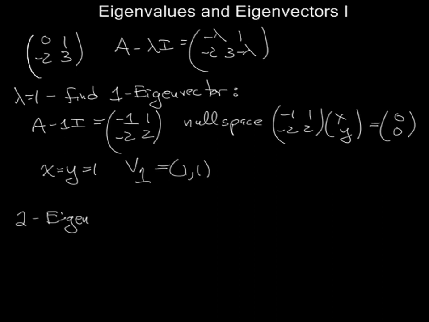And similarly, when you go to find the 2 eigenvector, you plug 2 into this equation and you get minus 2, 1, minus 2, 1.